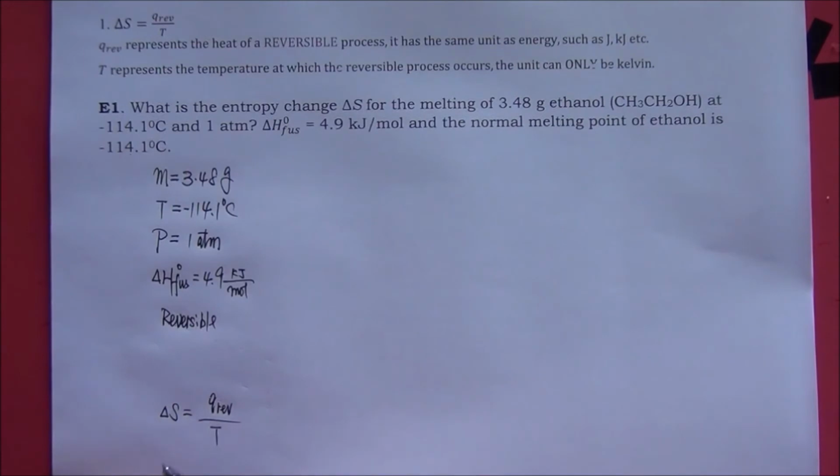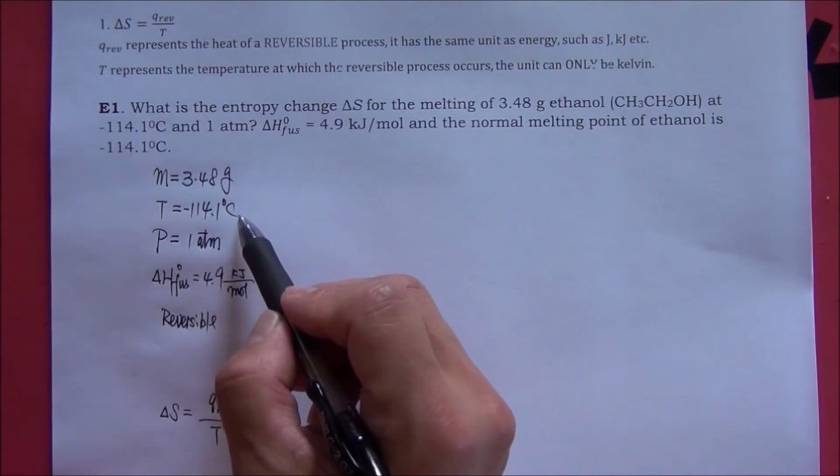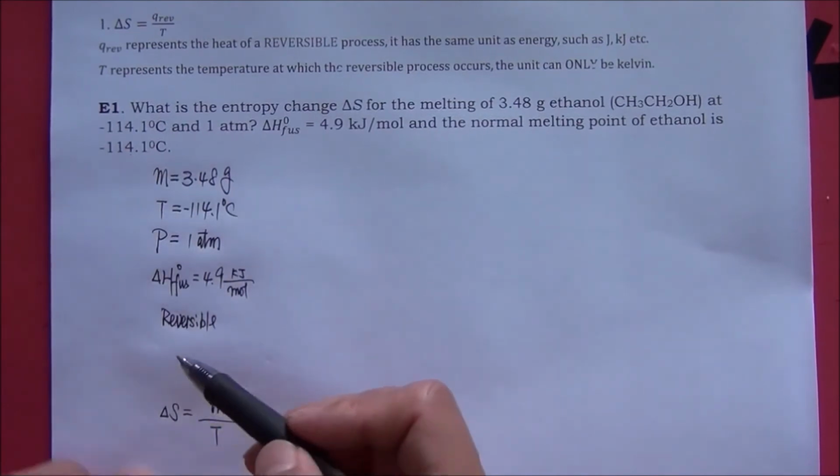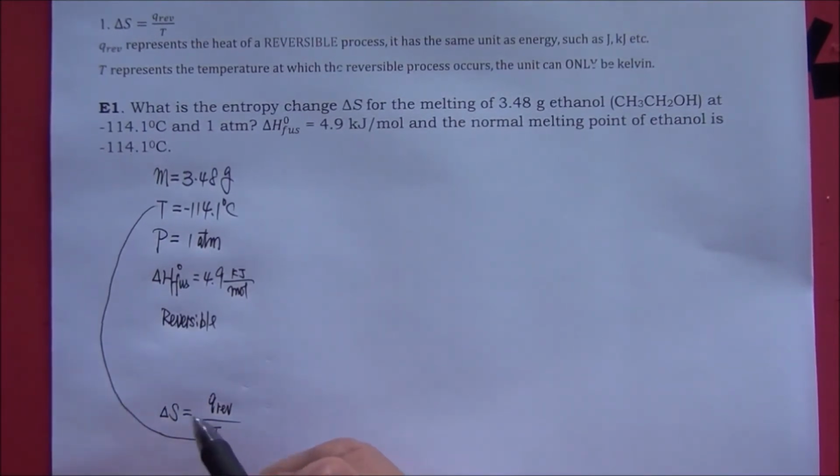If we want to use equation 1 to calculate the entropy change, we need to know the temperature in Kelvin. From what we already know, we know the temperature in degrees Celsius. If we can convert degrees Celsius to Kelvin and we know Q reversible, then we can use equation 1 to calculate the entropy change.